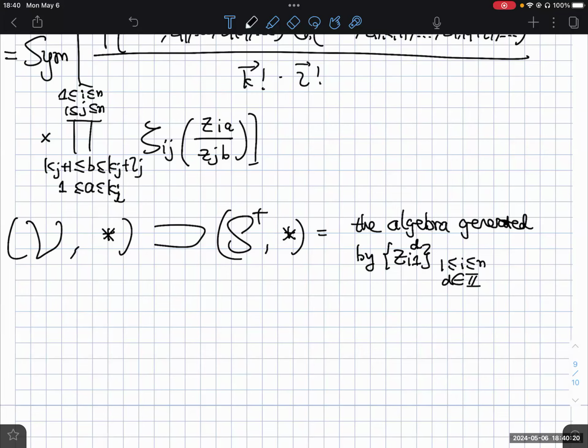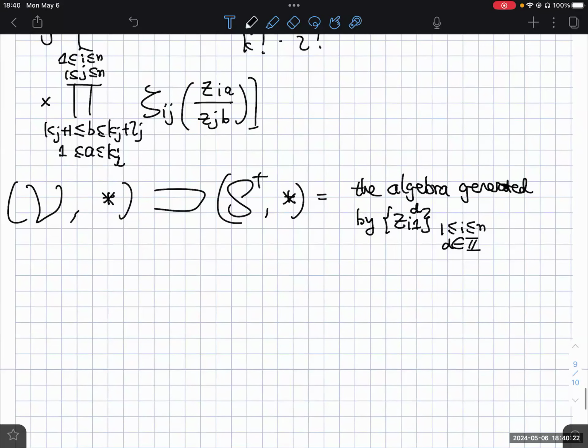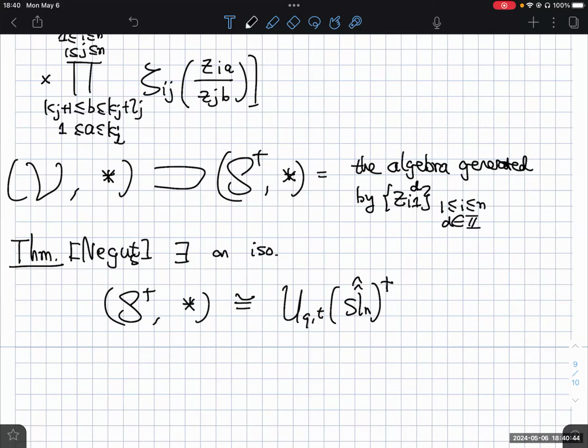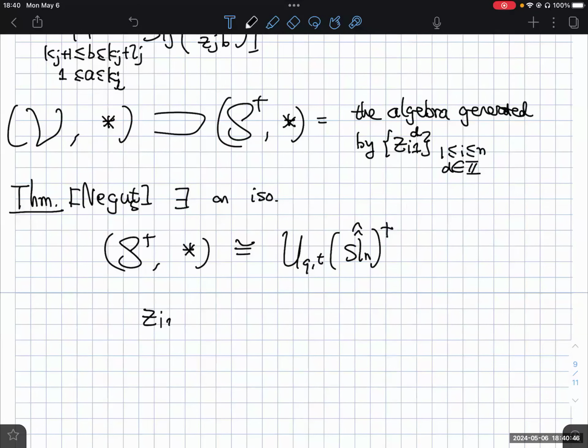And in this way, we get a theorem. This is a theorem proved by Nakajima, that there exists an algebra isomorphism from this S plus algebra to the positive part of the quantum toroidal algebra, such that it sends each of these variables to E plus i,d.